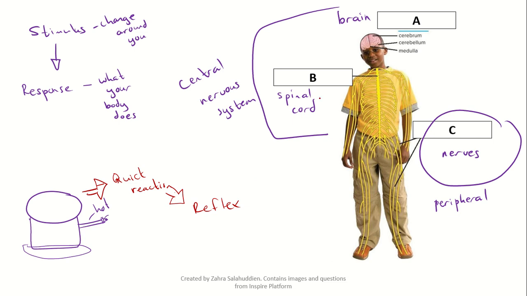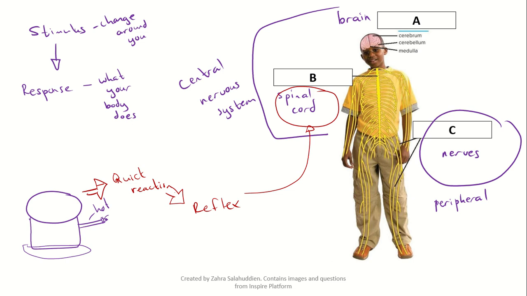A reflex is a quick reaction without the brain knowing. So if the brain is not the one in charge, it is the spinal cord telling your body what to do. So a reflex is when your spinal cord takes action very quickly. So it's when you touch something hot and you just move your hand without even thinking about it. It just happens.